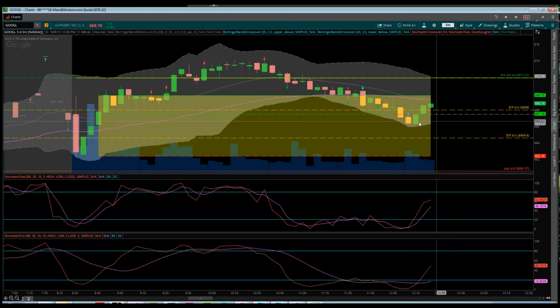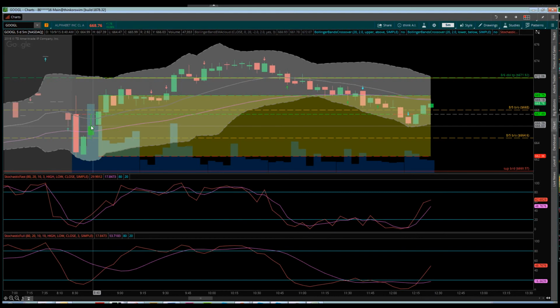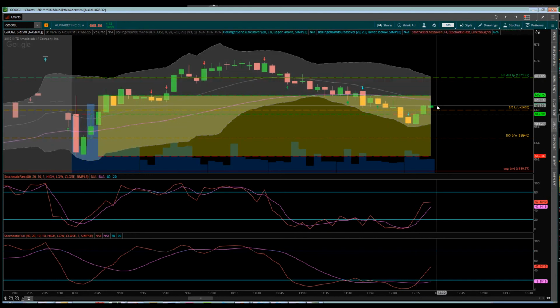So what we saw was tagging an intraday support here based on this breakout from the first 15 minutes of market open, and we reversed at that support, and now we retook the 668 resistance, which is now acting as support.